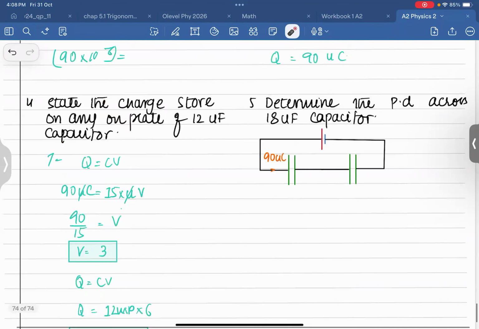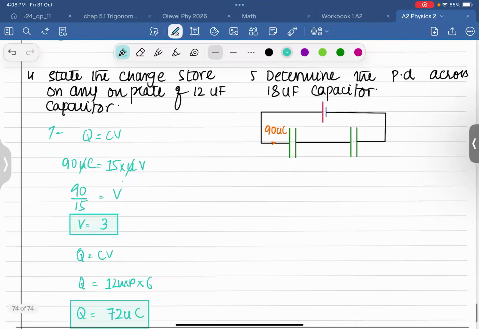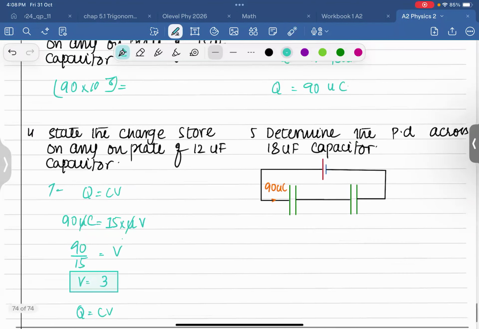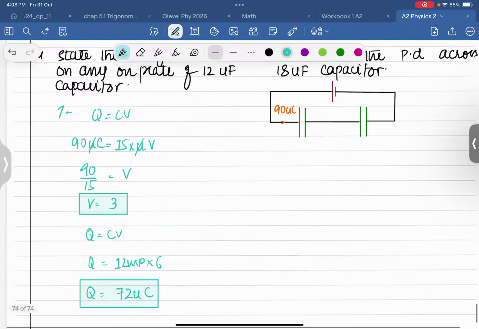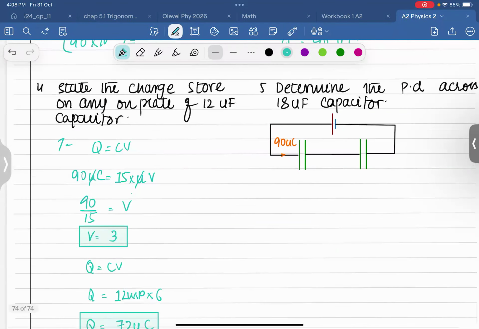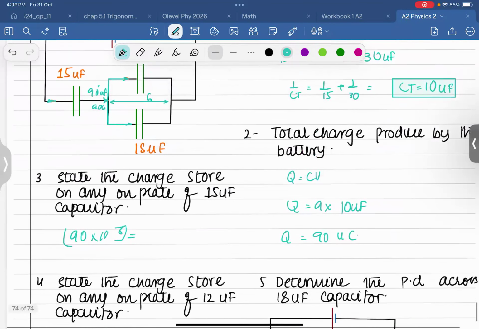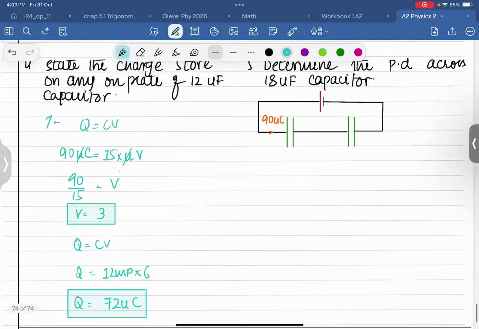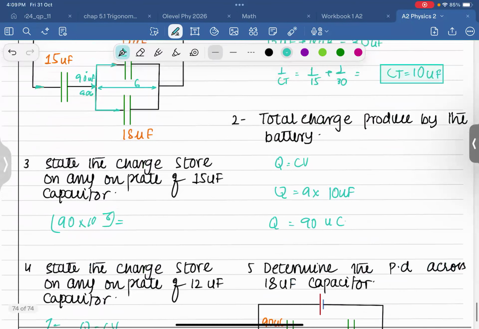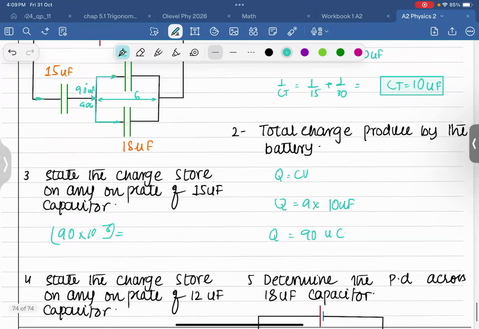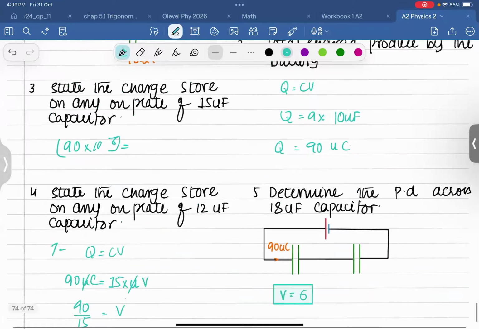So you can just write down 6. Okay, that's it.